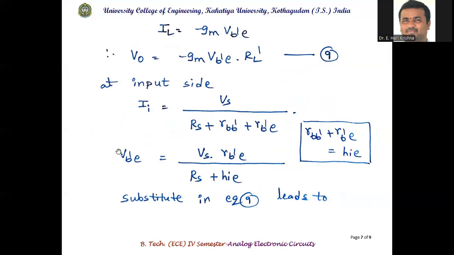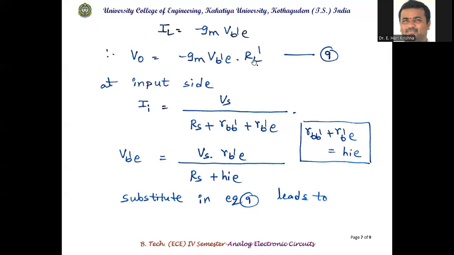VB dash E is the voltage across the RB dash E resistor, current multiplied by RB dash E. So VB dash E is Vs into RB dash E divided by Rs plus HIE.